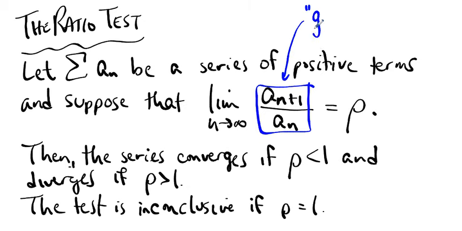This mocks up geometric series. You remember what we called the ratio, we called that r. Well, this is the Greek letter rho, and it makes the R sound. And that choice is deliberate because the ratio test makes a clear connection to geometric series.